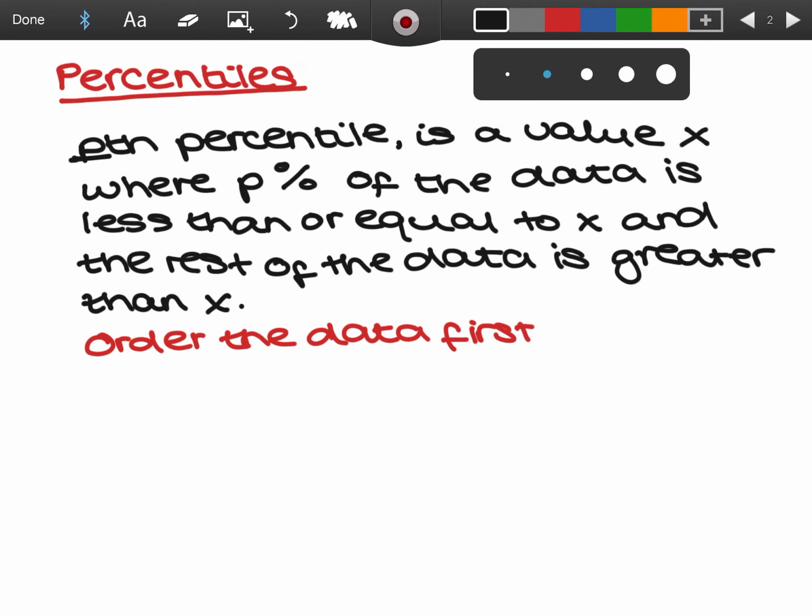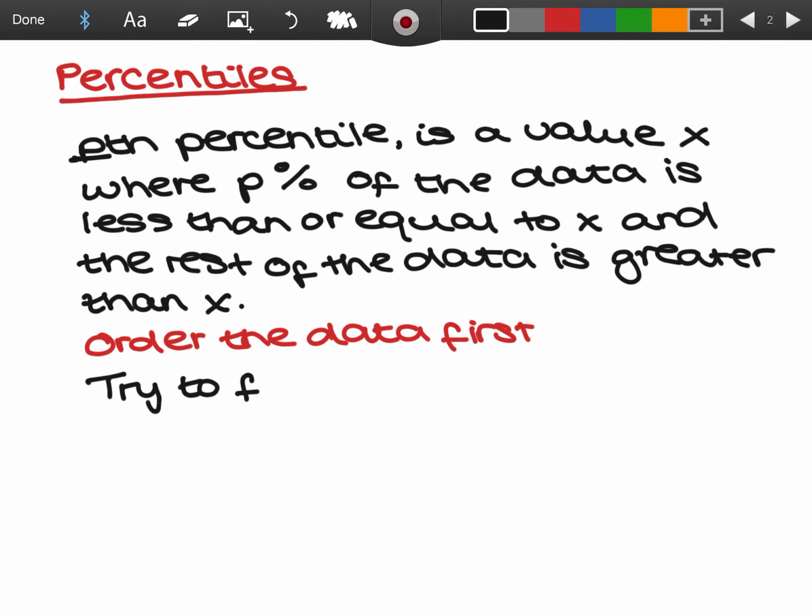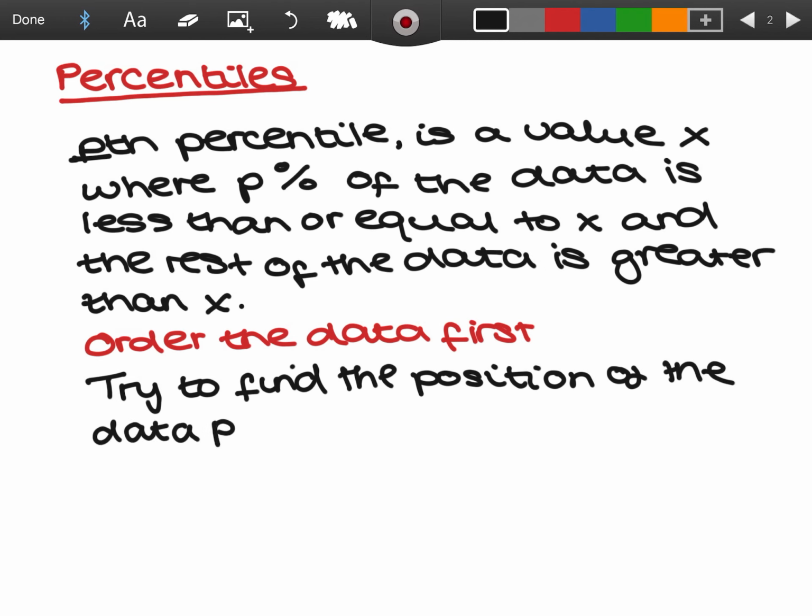Okay, so we're trying to find the position of the data point that is at the pth percentile.